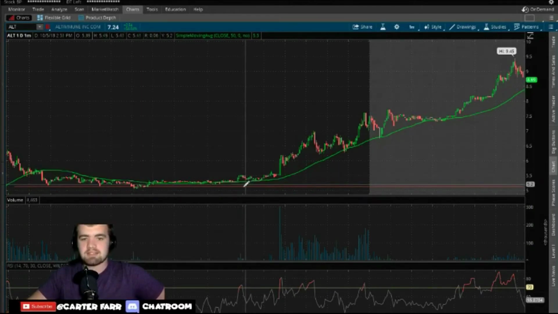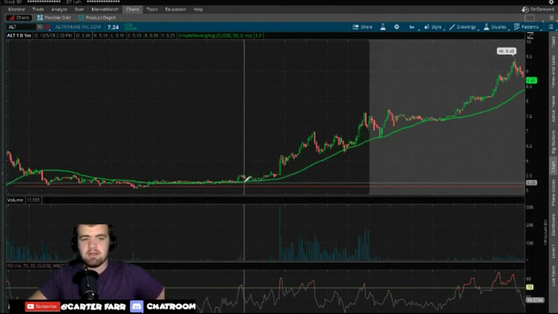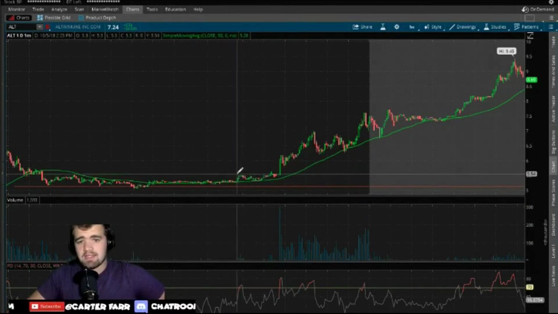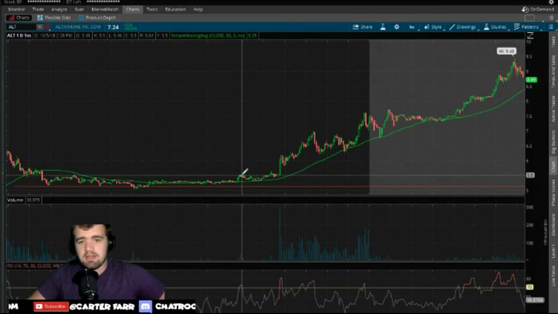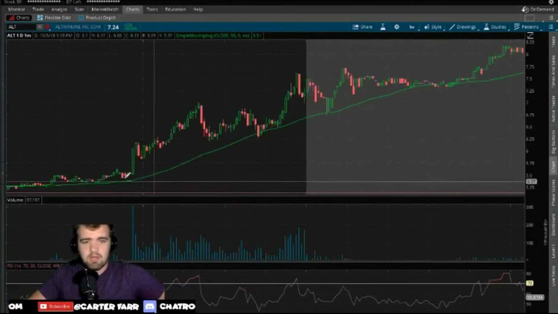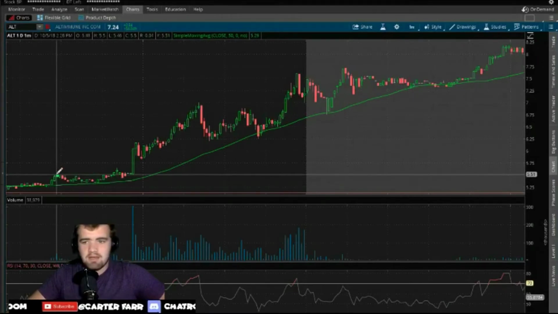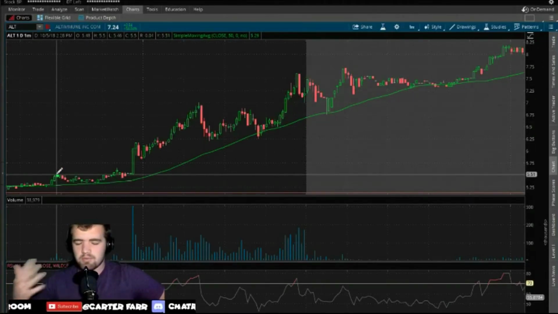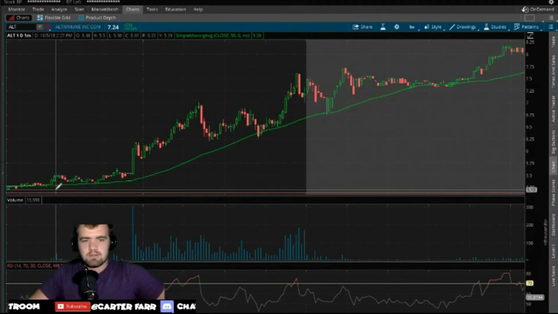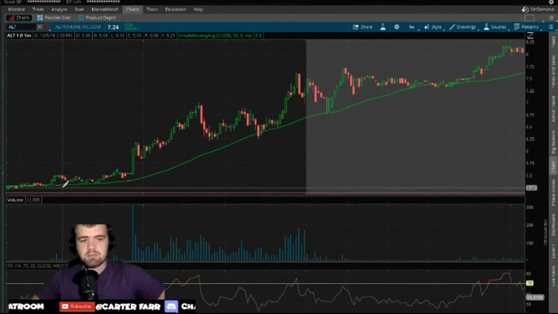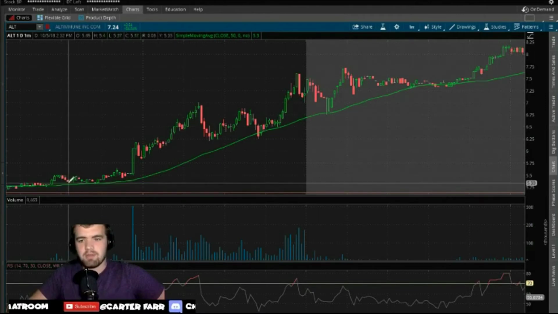And I would set my stop below this SMA line. Even if you would have bought in right here, you would not have sold your shares, because your risk management and your stop loss would definitely be under this.